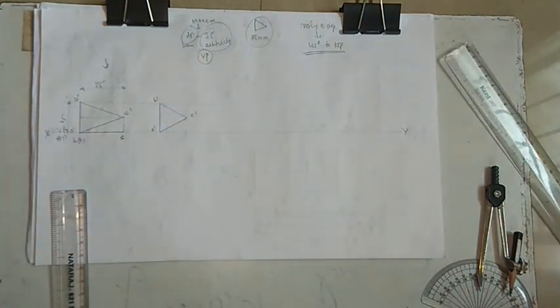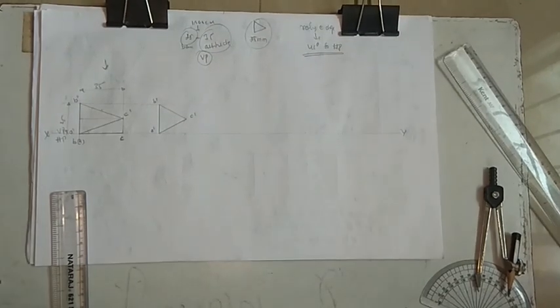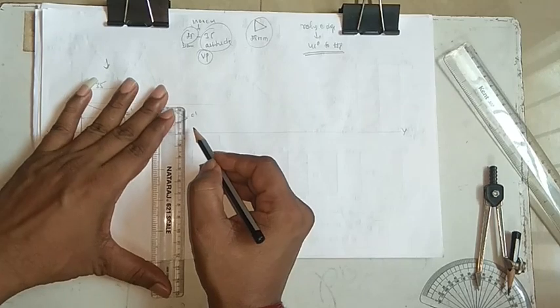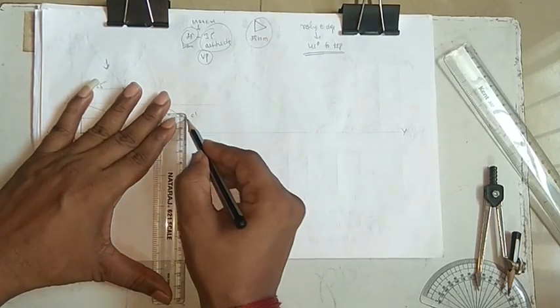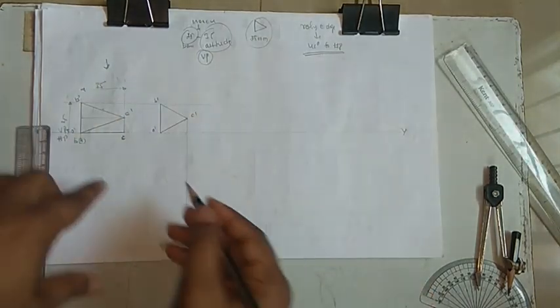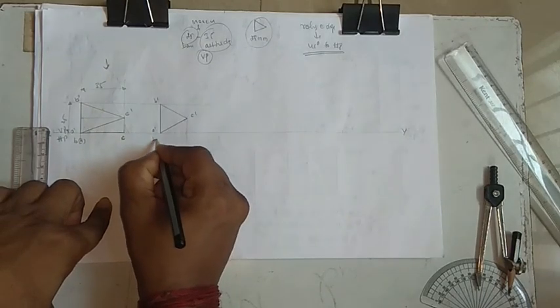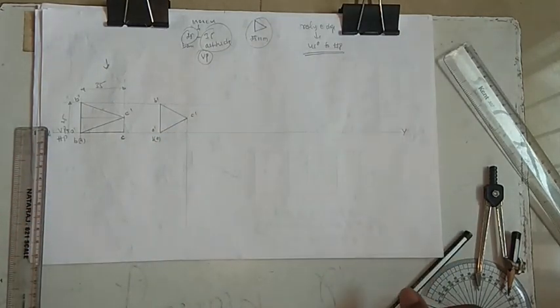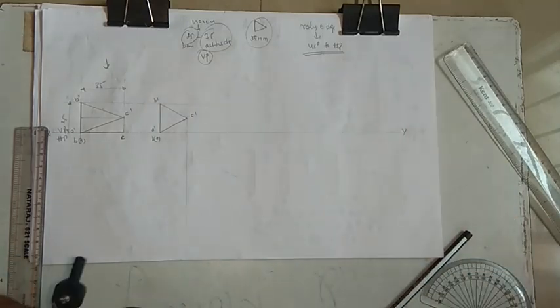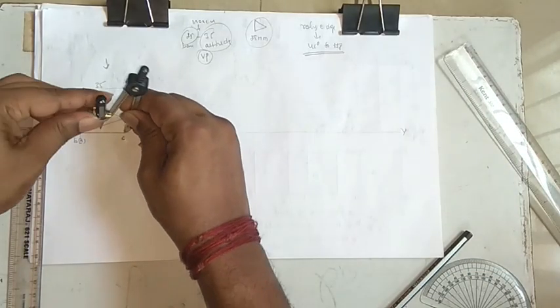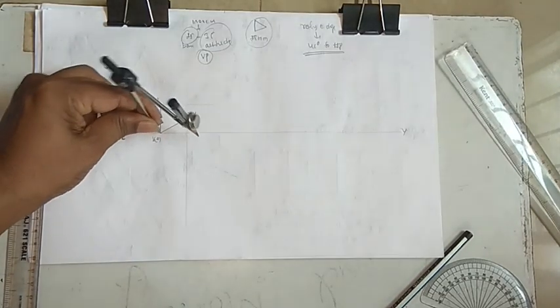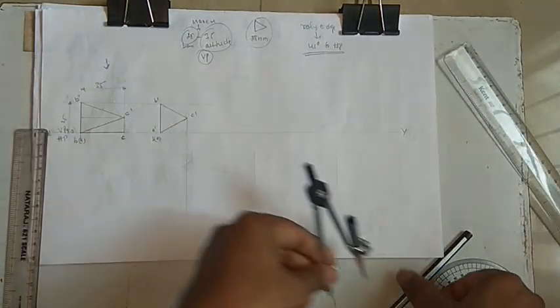Now how to find the inclination with the VP? This C dash line we need to extend downward. This point is our B in the bracket A, and on this line that C will appear. Now you have to take the front view, that is the 35 mm line, and cut it on the line.